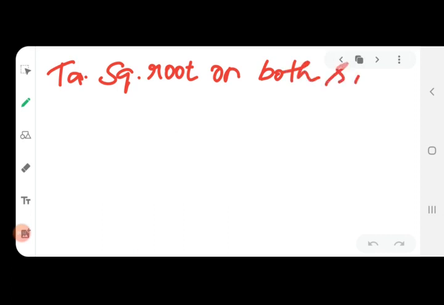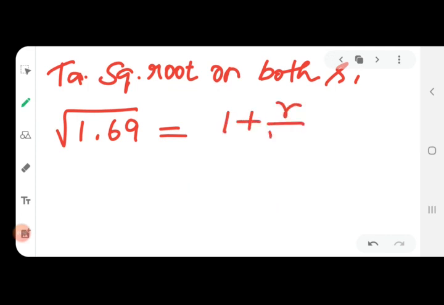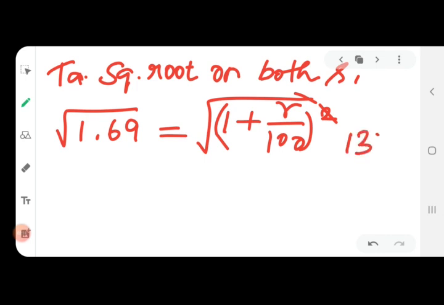We can get now square root of 1.69 equal to square root of (1 plus R by 100) whole square. Square root and whole square will be cancelled. Now square root of 1.69, we know that 13 13s are 169, and 13 square equal to 169.